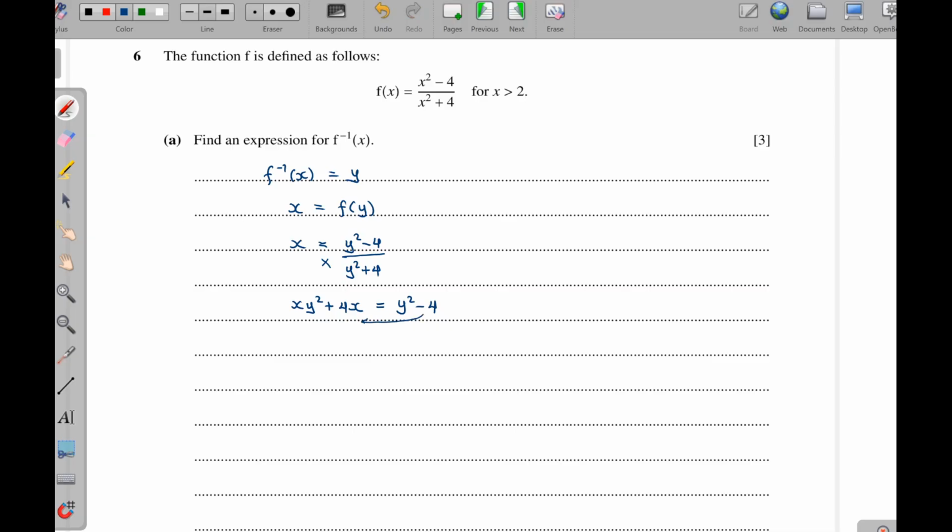So I'll have 4x here, then plus 4, which will be equal to y squared, then minus xy squared. Then we factorize, put out y squared, it is common, then we shall have 1 minus x. Then this is going to be equal to 4x, then plus the 4. And then when we divide all through by this, our y squared is going to be equal to 4x, then plus 4, then out of 1 minus x.